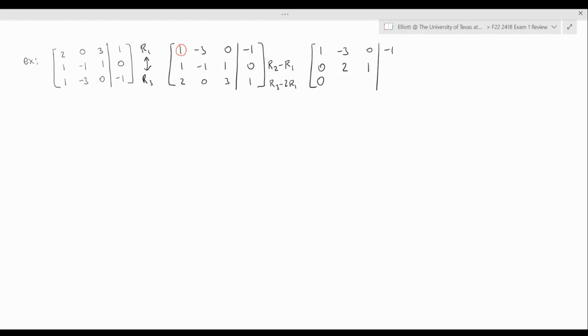This would be 1 minus 0. This is a 0 minus a -1, so it's going to be +1. We're also going to have 0 plus 6, so this is going to be 6 here. It's going to be 3 minus 0 is 3. And then that's 1 plus 2 is 3.